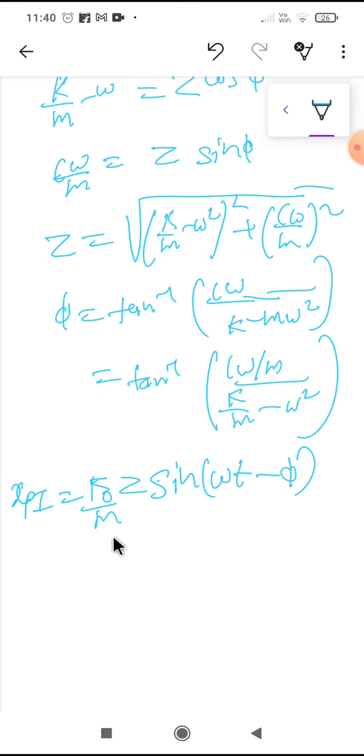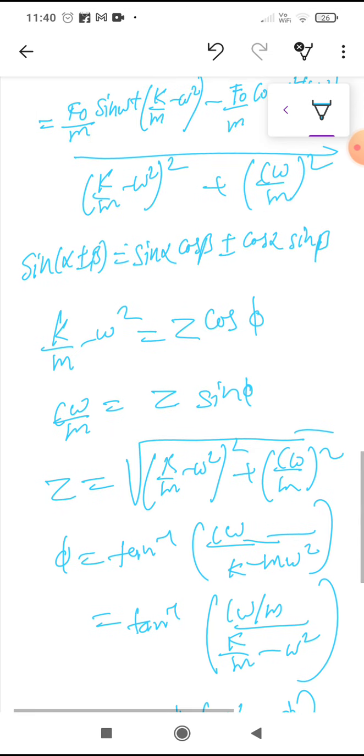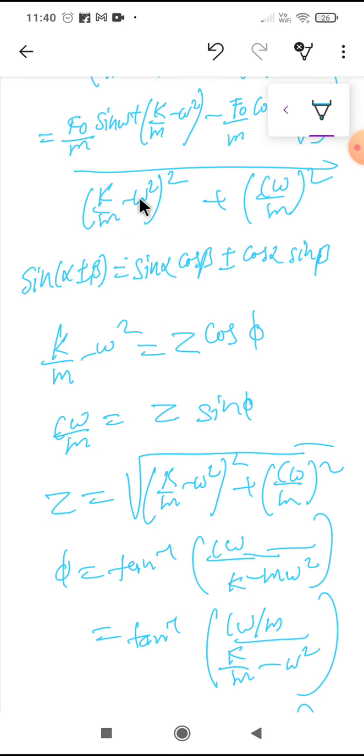This is the value of x pi, divided by what? That is k by m minus omega square. Now what is this? We have written it as z cos phi, and this is z sin phi. If you square, we get z square cos square phi plus z square sin square phi. If you take z square common, there is sin square plus cos square, which is 1. So that will be this whole term.